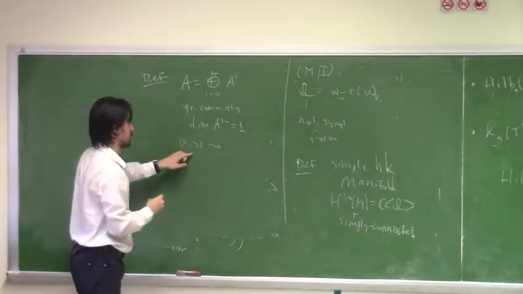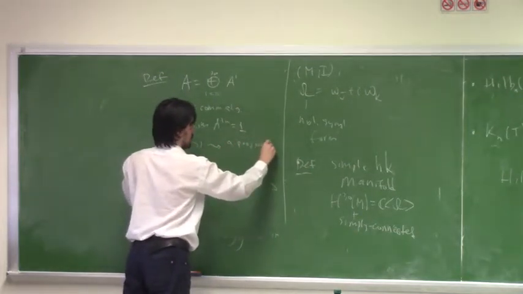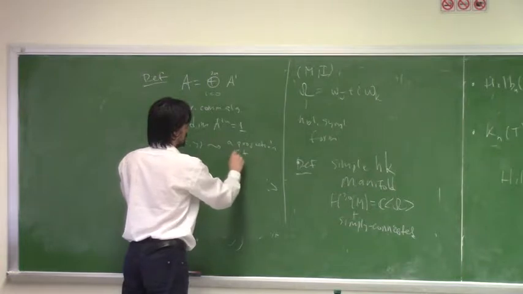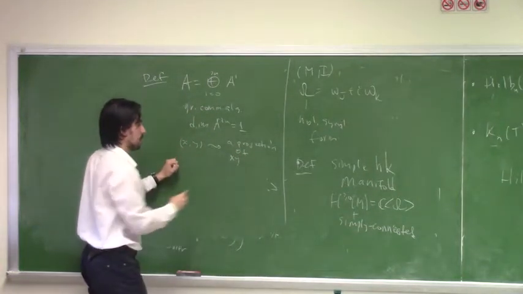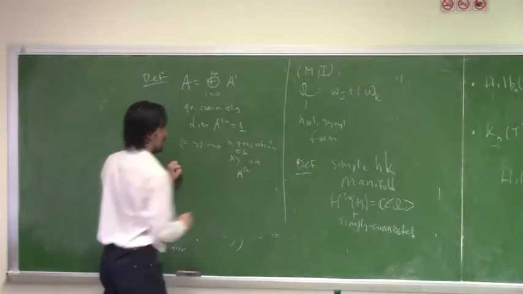We consider the projection of the product x y onto A to the 2n.